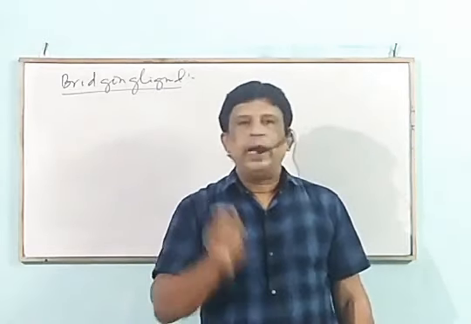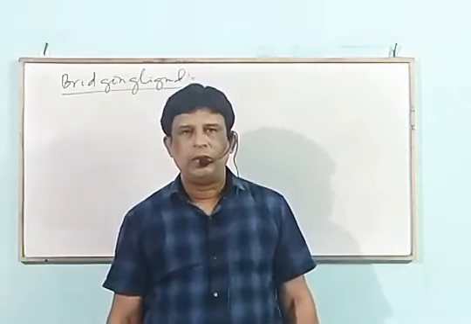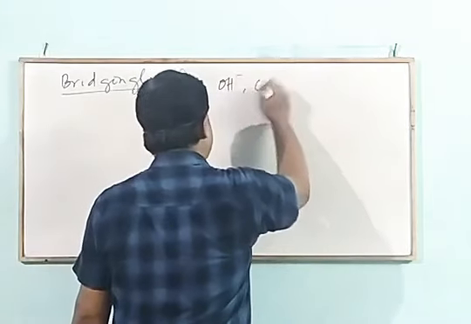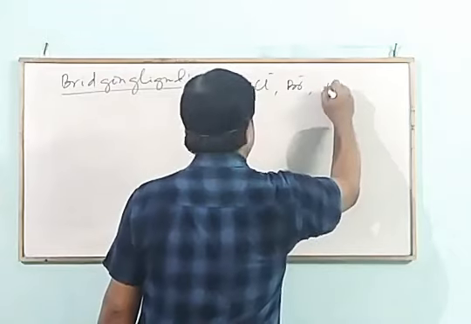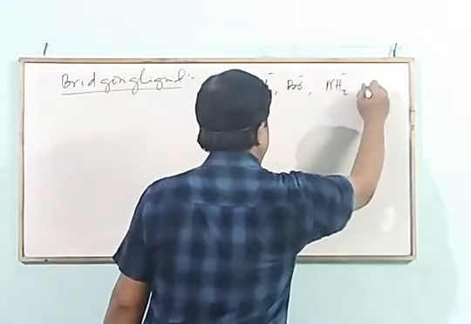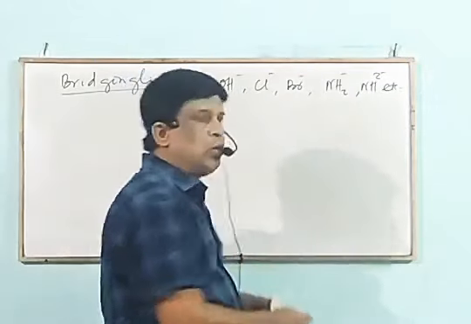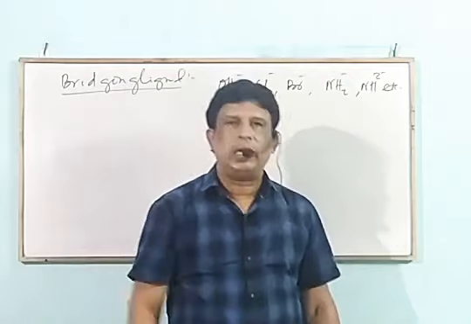That ligand makes a bridge connector between the two different or similar metal atoms. For example, OH minus, Cl minus, Br minus, NH2 minus, etc. These are some ligands that behave as a bridge between two metal atoms.